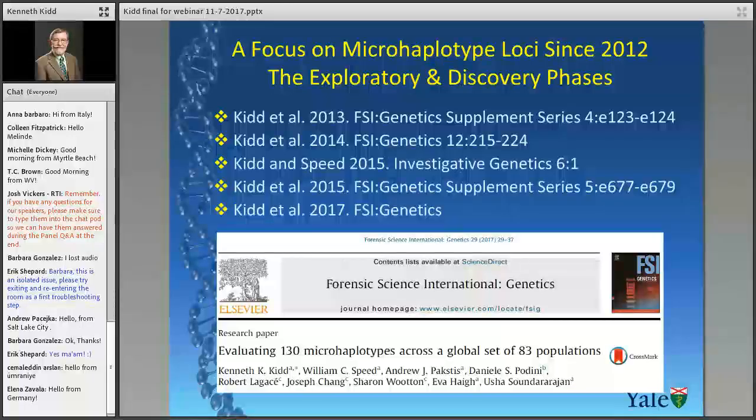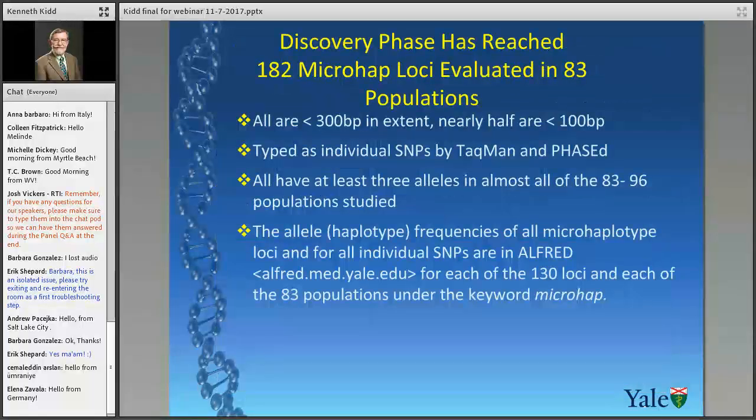And early this year, we published a paper on 130 microhaplotype loci evaluated on a set of 83 populations. All of these have subsequently been expanded. We're now at 182 loci.